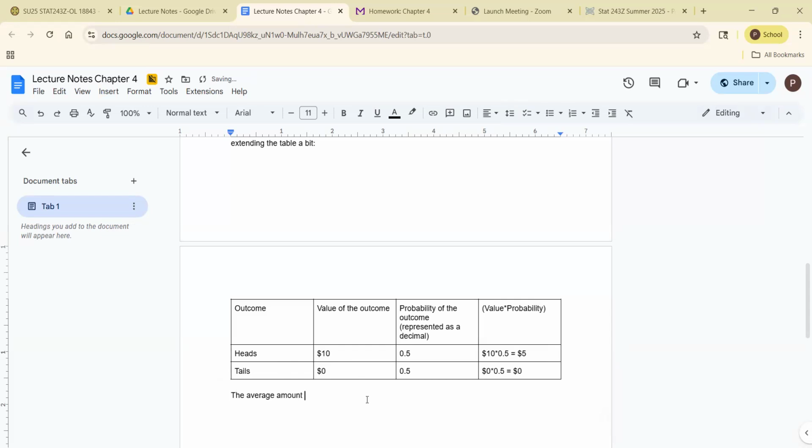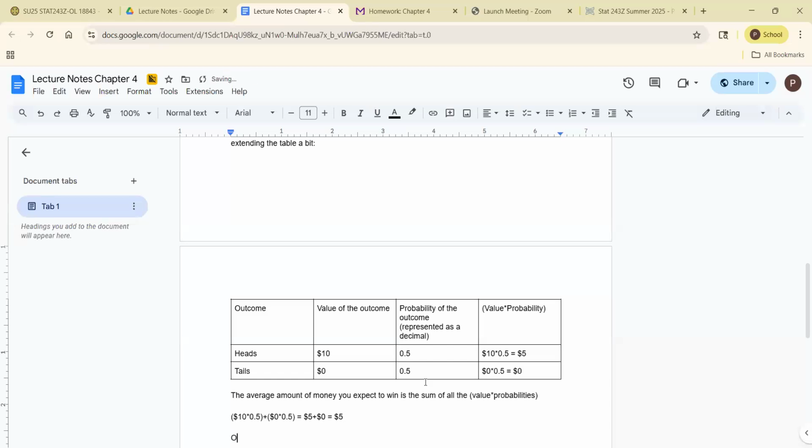The average amount of money you would expect to win is the sum of all the value times probabilities. In this case, I'm going to write out the full calculation, 10 times 0.5 plus 0 times 0.5, which equals 5 plus 0, which equals $5.